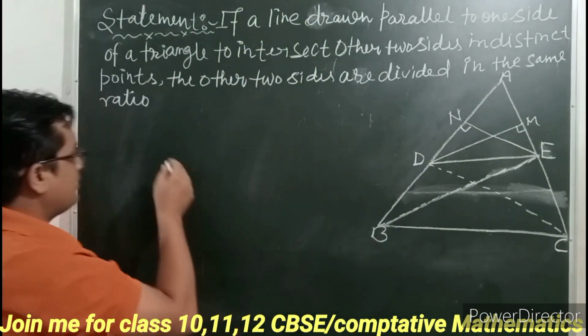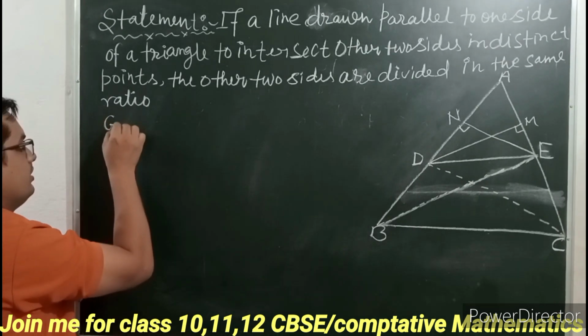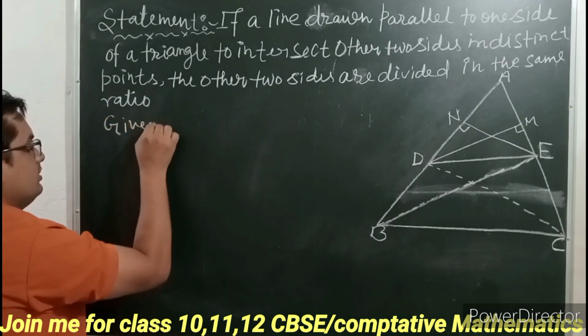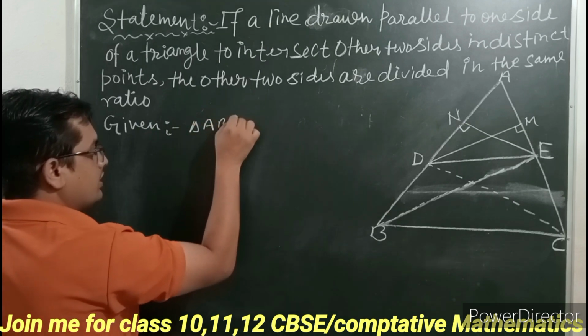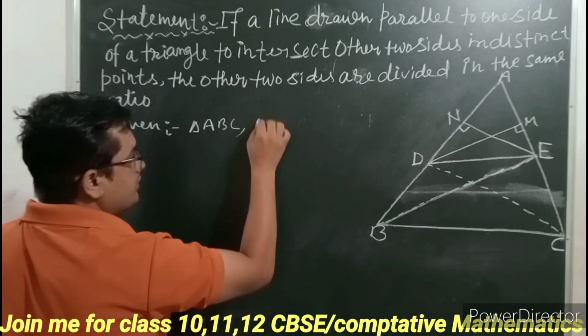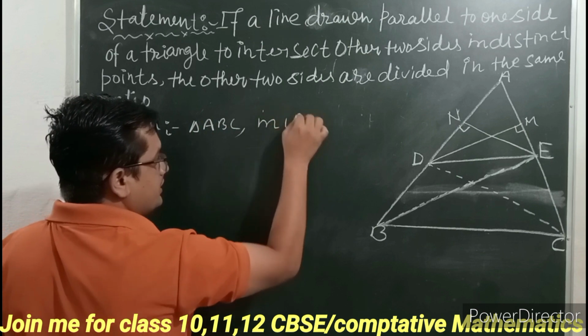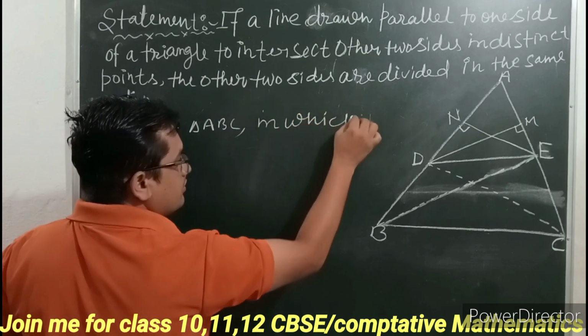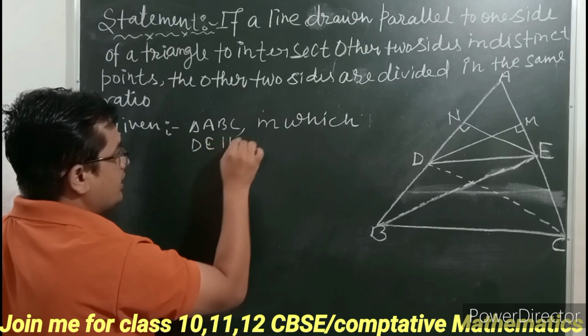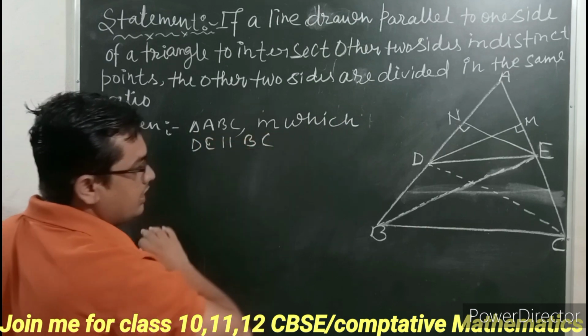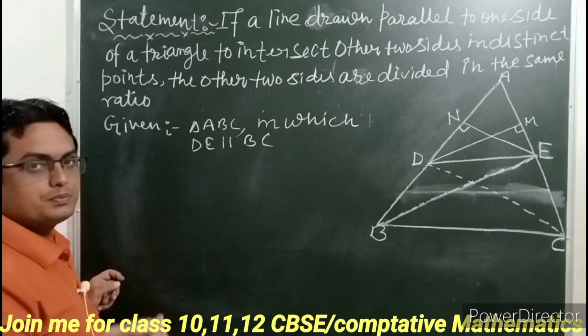What is given here? Firstly, we will write given. Triangle ABC in which line DE is parallel to BC.